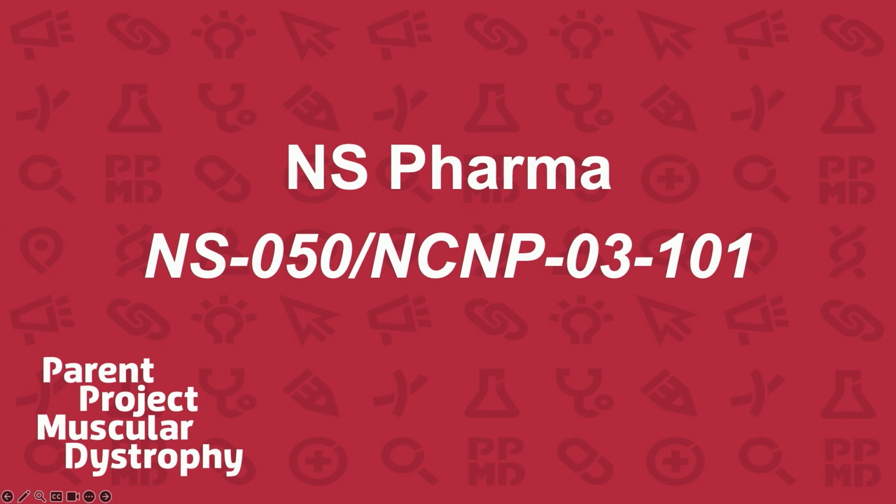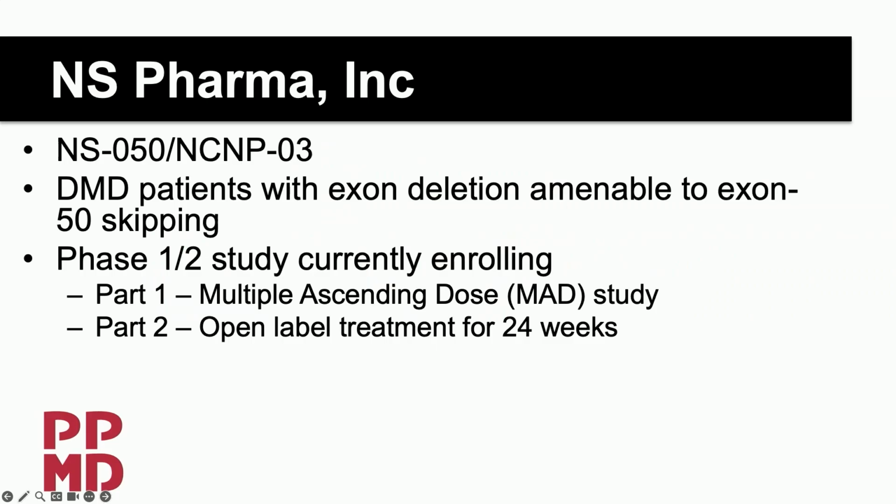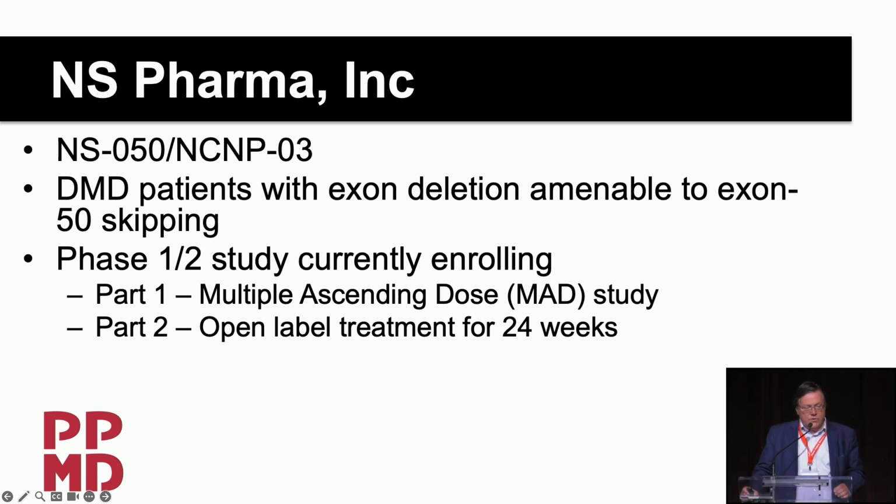NS Pharma has different chemistries, some special components of what they're after. I'm going to talk about 2 programs, their exon 50 program and their exon 44 program. The difference here is the backbone. There are 2 things. There's what's called a stereo pure version, where the chirality of the actual molecule itself is in one direction, and there's another chemical change to the backbone that might improve its stability.